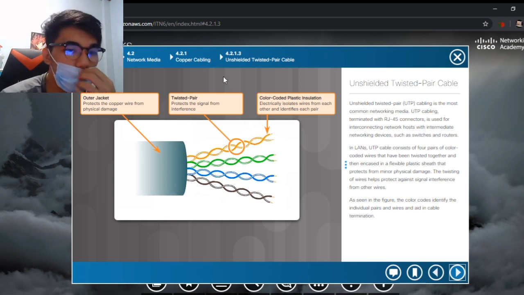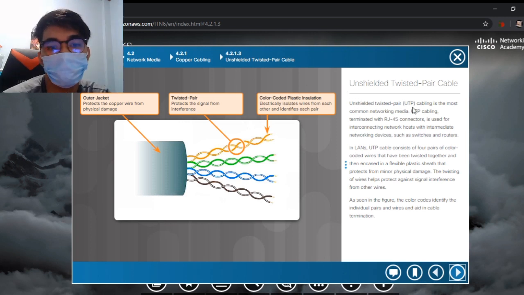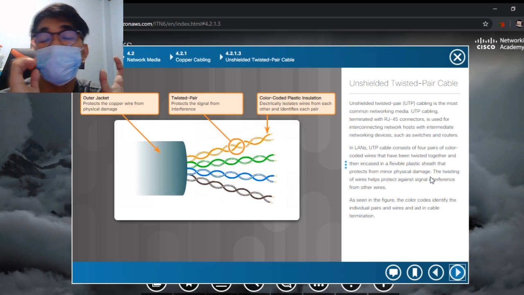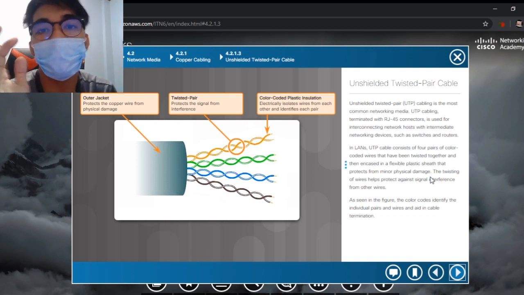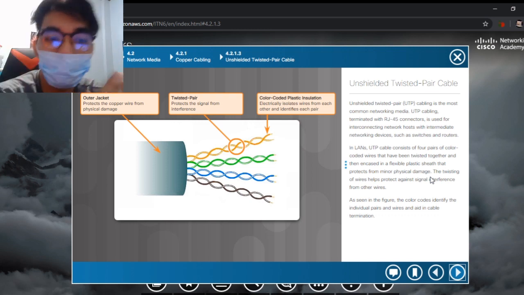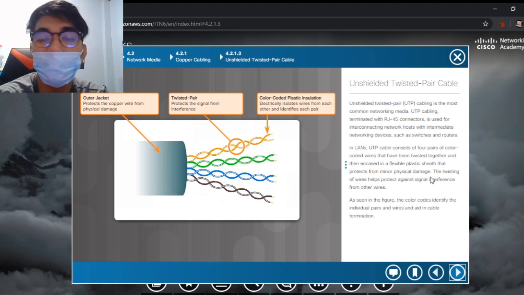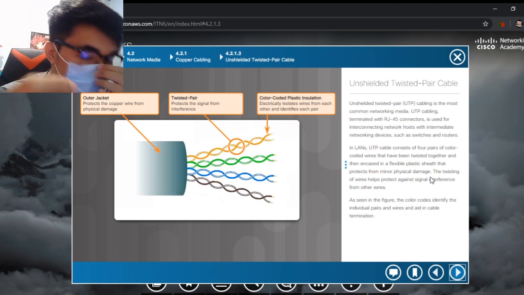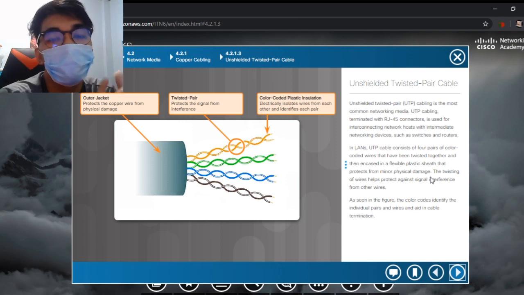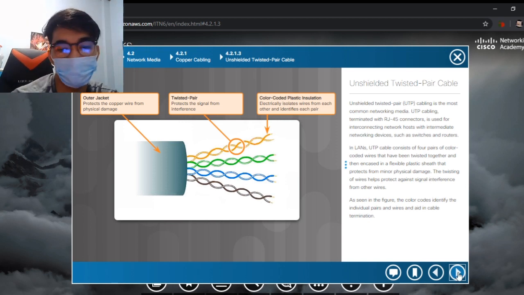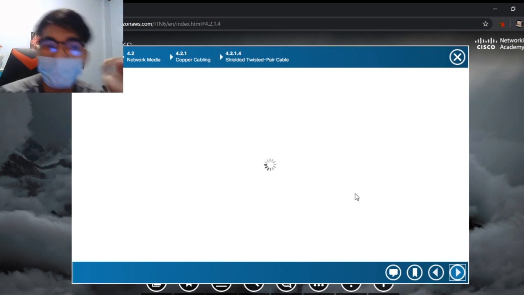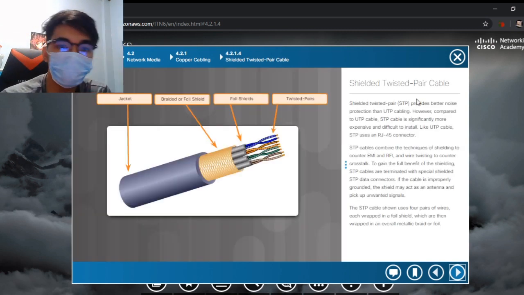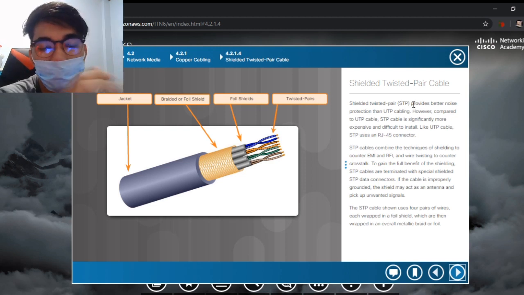UTP, or unshielded twisted pair cabling, is the most common networking media. Always remember that UTP is the most common networking media, and you can also see that in the video that I'm going to upload later, the physical components of this one. Then STP, or shielded twisted pair cable, provides better noise protection than UTP cabling.